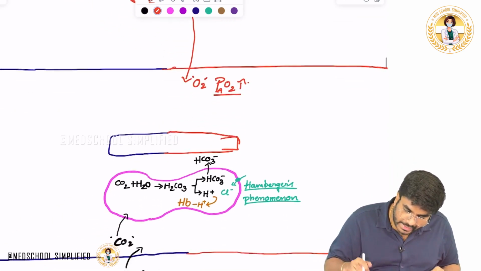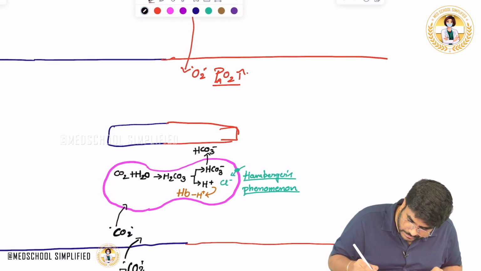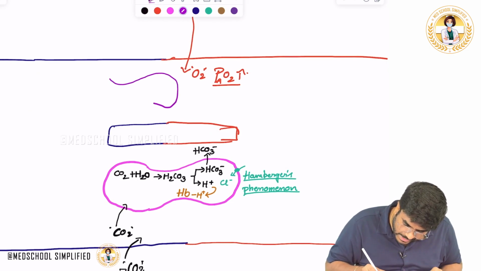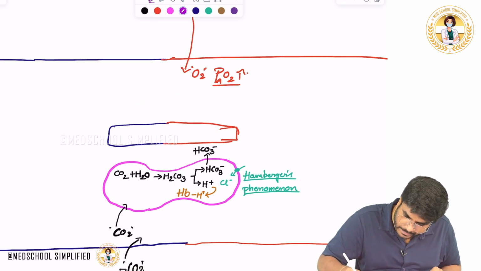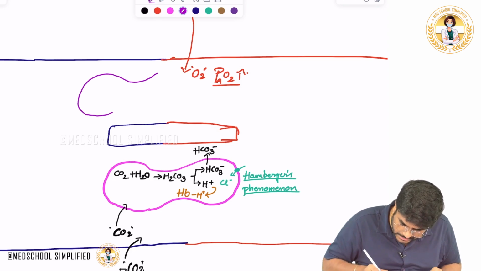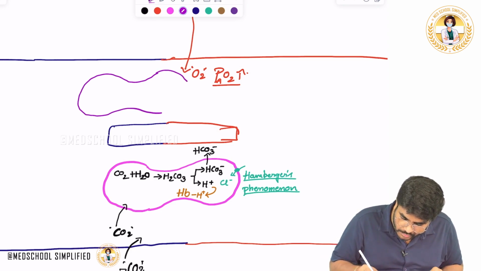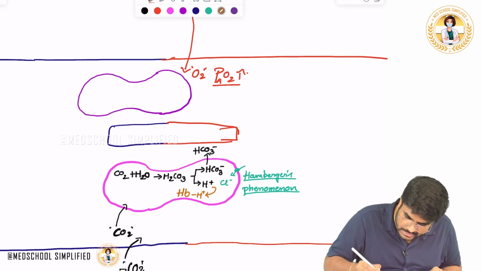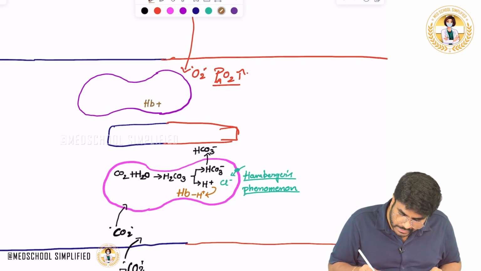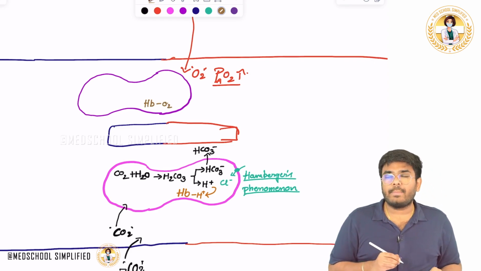So now at the level of lungs or alveolus, as the oxygen is coming with high partial pressure, hemoglobin is going to bind with oxygen. So what happened to the H+?